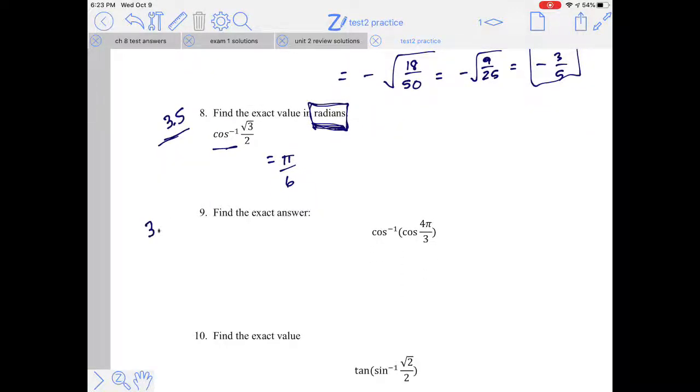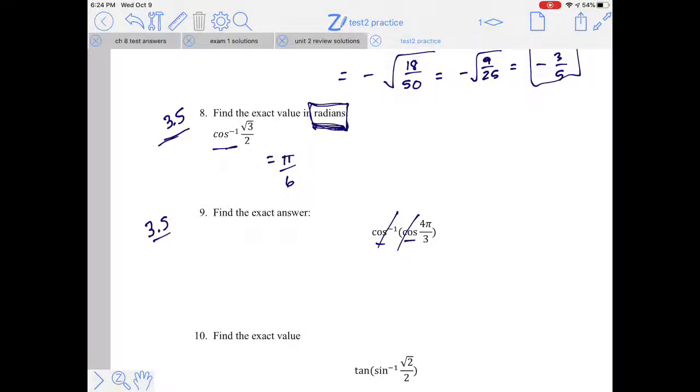All right, question 9, also from 3.5, a little bit different. The impulse that students have is, wait a minute, cosine and inverse cosine, those are inverse functions, so don't they just automatically cancel each other out every single time?